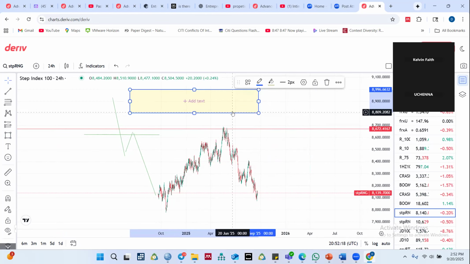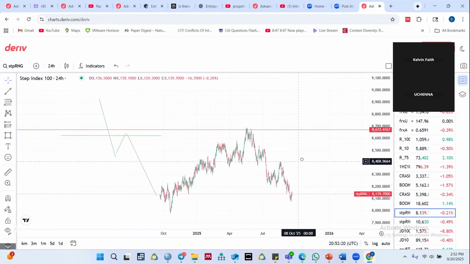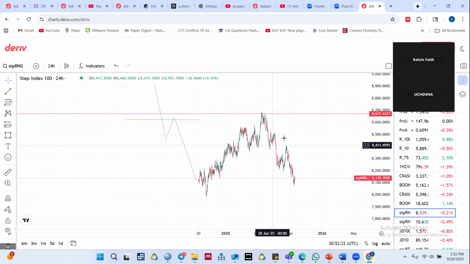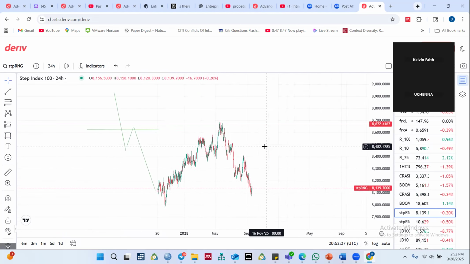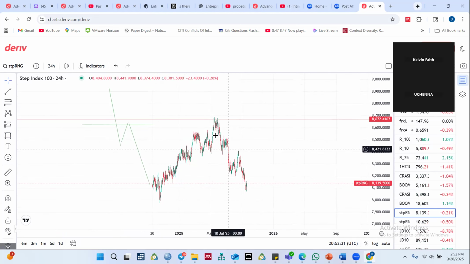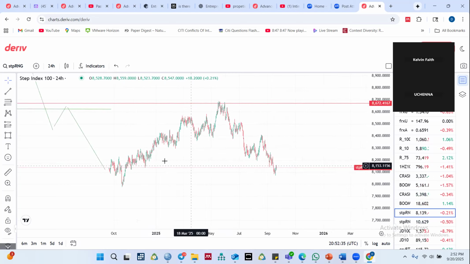So with this in mind, we cannot tell right now if the downtrend is going to end or not, because there is nothing showing here.